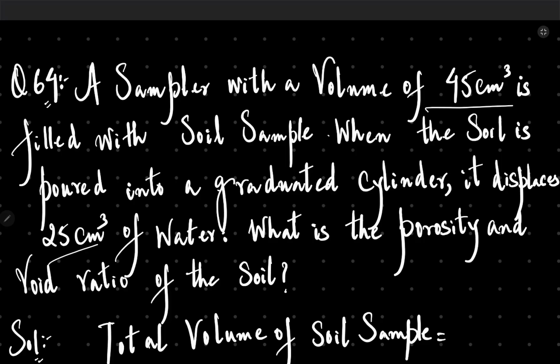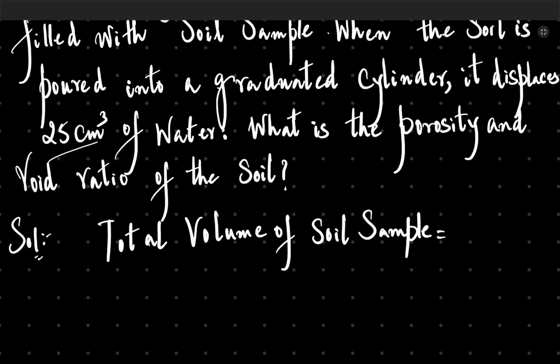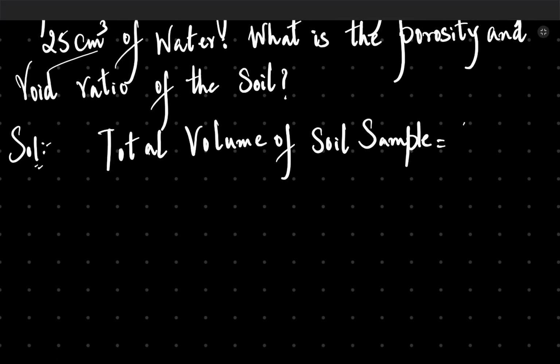If this sampler, which is usually cylindrical in shape to take the soil sample from any side, has a volume of 45 centimeter cube and it is filled with the soil sample, that means total volume of soil sample is 45 centimeter cube.